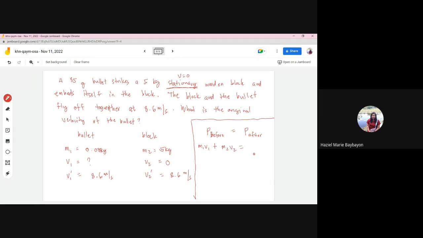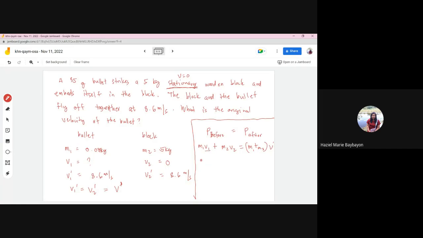And then after, since this is a perfectly inelastic collision, you have M1 plus M2 multiplied by the final velocity. Here V1 prime equals V2 prime, so we can also write it as V prime, for a perfectly inelastic collision.